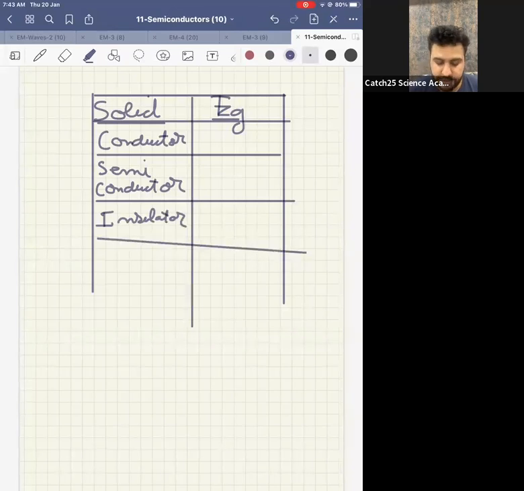So to summarize here, in a conductor, the energy gap is 0 electron volt. In a semiconductor, the energy gap is lesser than 3 electron volt. And for an insulator, the energy gap is greater than 3 electron volt.